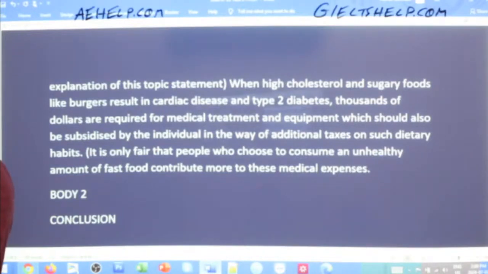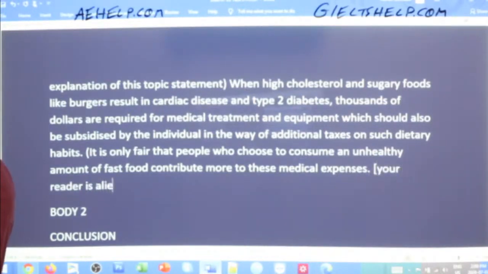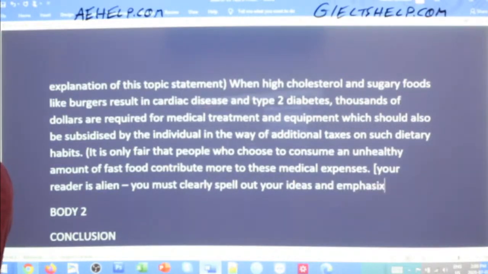Students, remember what I keep telling you, that your reader is an alien. That means you must clearly spell out your ideas and emphasize your connections.